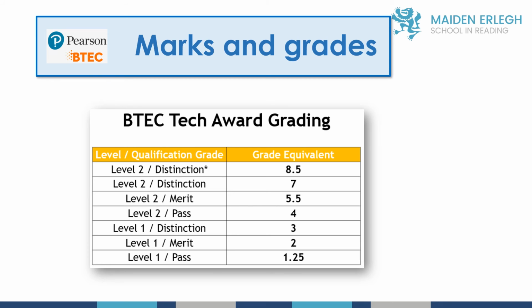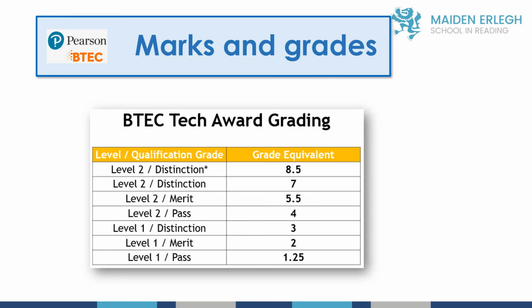Another way of looking at it is a grade 4 GCSE would be the old type of C grade, a level 2 merit, which you can see is a 5.5, which is heading near a 6, and that would be equivalent to a B grade. And then you've got distinction, which is a grade 7, and that would be seen as the old A grade.